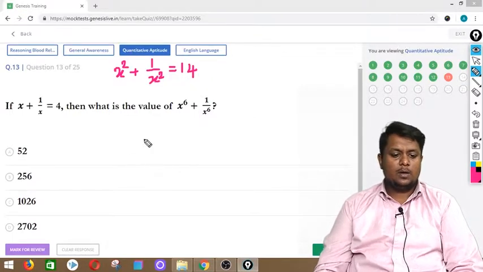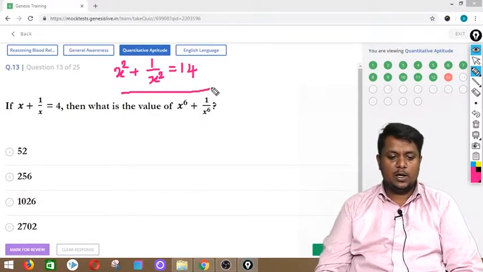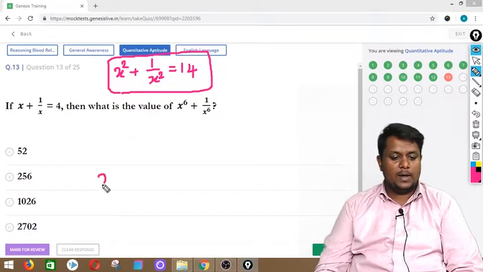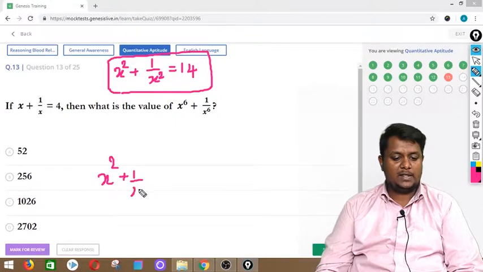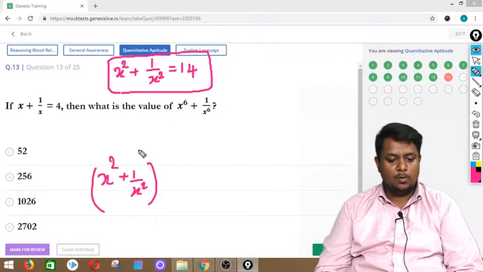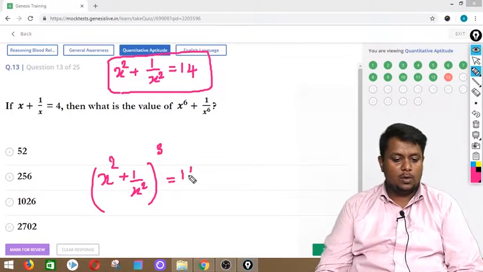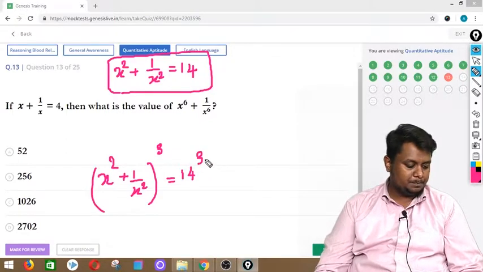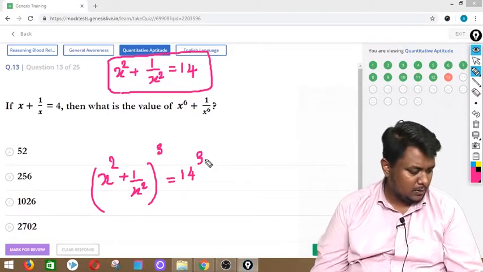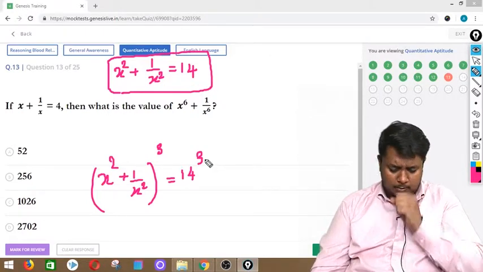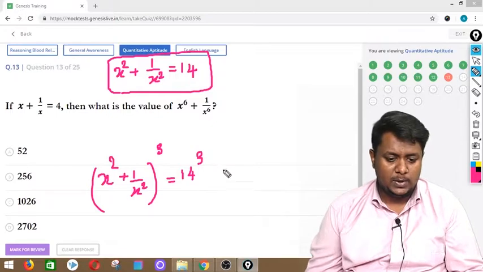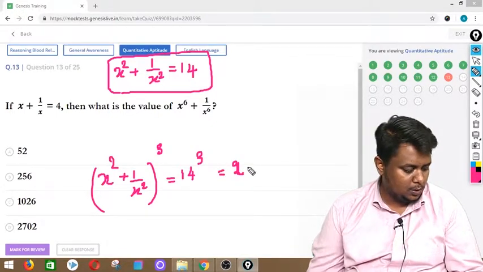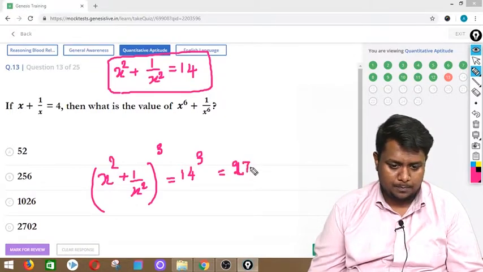Now we will take the cube of this particular equation. So x square plus 1 by x square the whole cube is equal to 14 cube, and 14 cube is 2744.